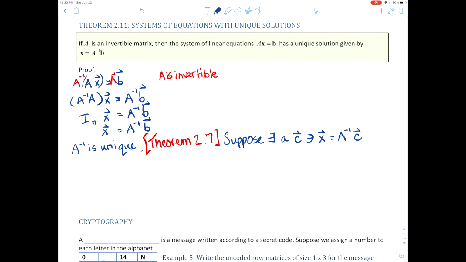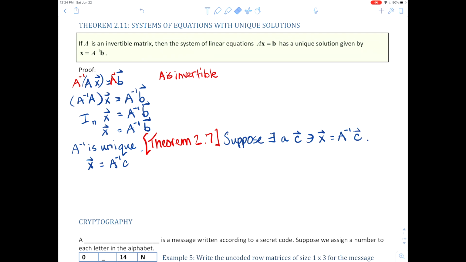So we know A inverse is unique, right? We just need to show what? That the C vector is really equal to the B vector. Cool? Let's do it. So starting with X equal to A inverse times C.